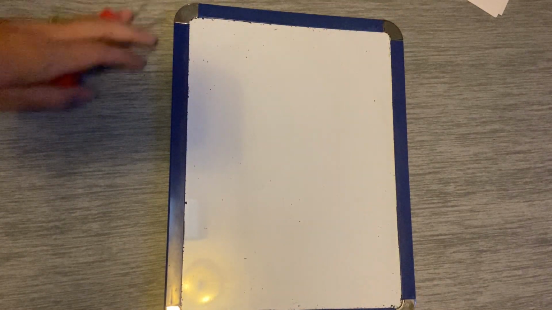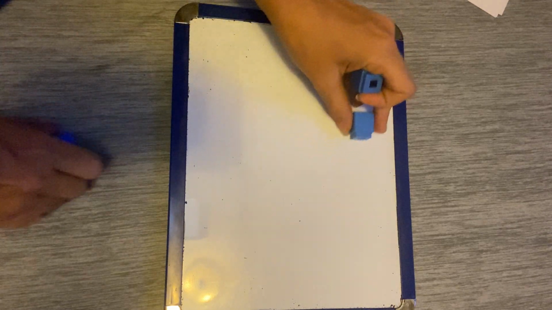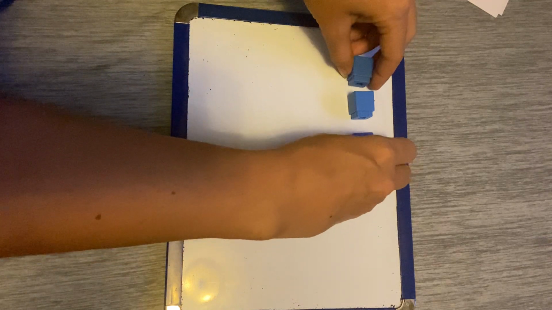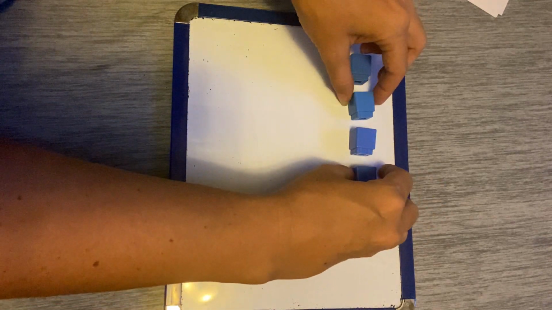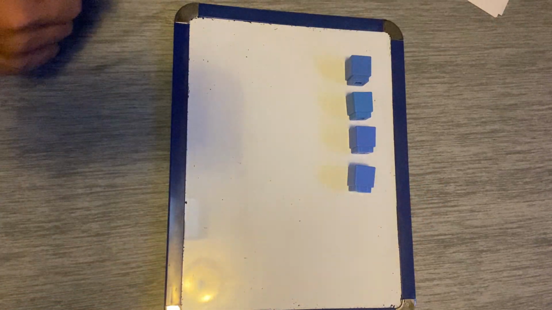You're going to see something today. I'm going to show you on your sheet. I'm going to do it on the board, on this little board here, okay? And let me get my cubes. All right, so today on your paper, you're going to practice this, and you're going to have 4 cubes, okay?